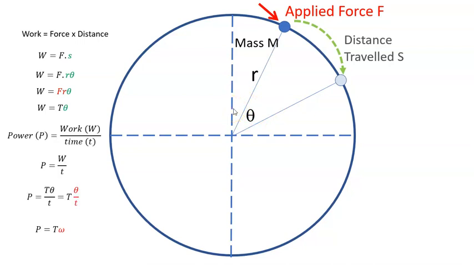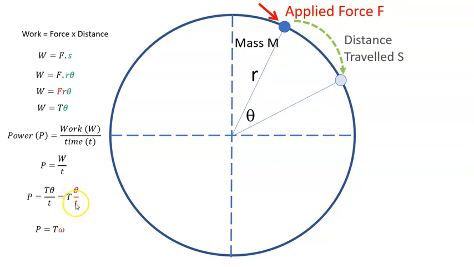Now power is defined as work over time, or the rate of doing work. So the power is W over T. So instead of W, I'm going to substitute in my torque times theta. So my power is torque times theta all over T, which is the same as torque times theta over T. Now theta is measured in radians and this is seconds, so radians per second.